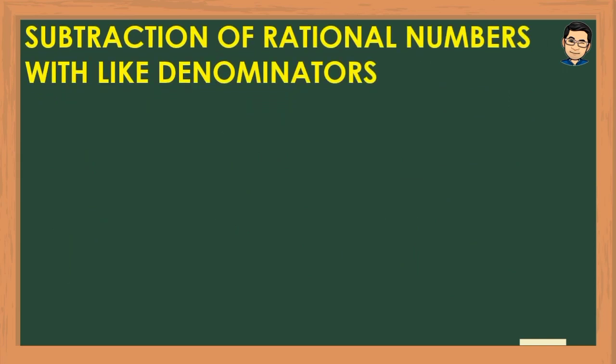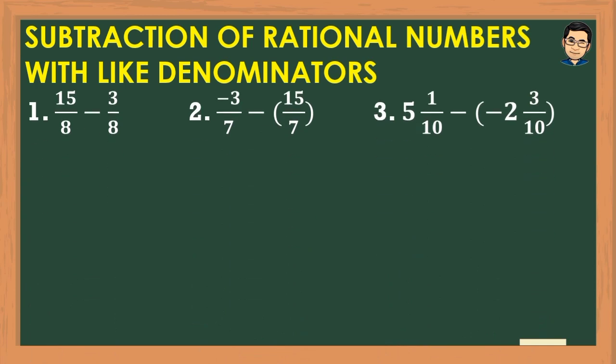Next, subtraction of rational numbers with like denominators. It's still the same, the denominators are still the same per item. Let's have number 1, 15 over 8 minus 3 over 8. We subtract the numerators, 15 minus 3 over 8. So, 15 minus 3, that is 12 over 8. 12 over 8 is an improper fraction, so we have to change it into a mixed number.